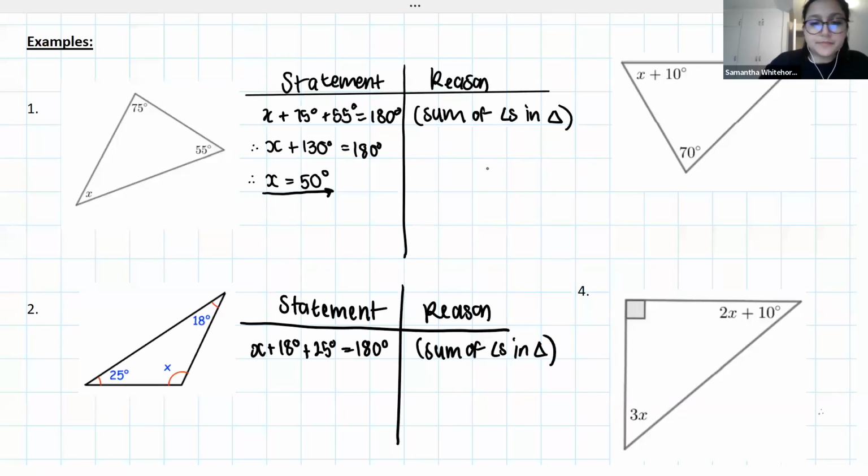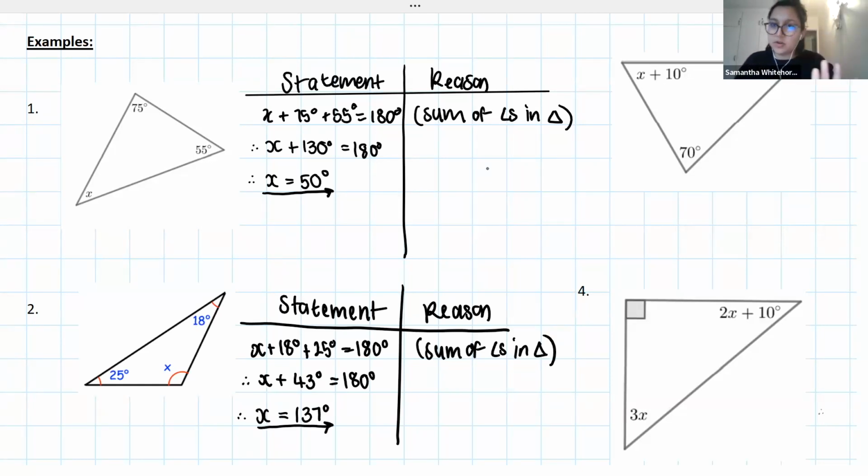Now again, 18 and 25 are like terms, so I'm going to add them together to give me 43 degrees. Then using inverse operations, I'm going to subtract 43 on both sides, and that is equal to 137 degrees. So question 2, hopefully straightforward: 137.